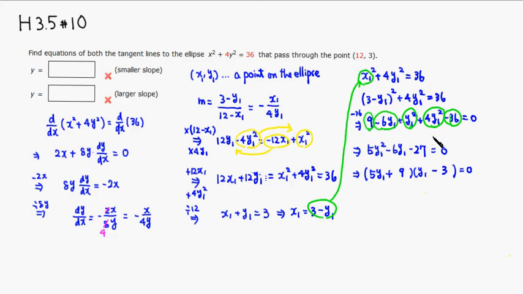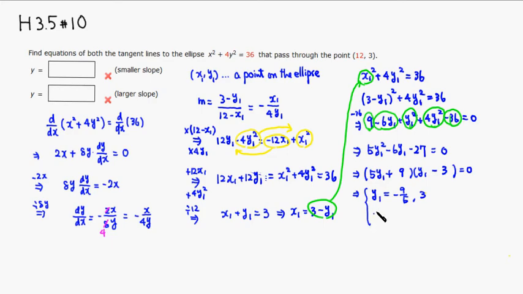So this would work out. So from here, y1 is equal to negative 9 over 5, or positive 3. So from here we can find the x1 value.